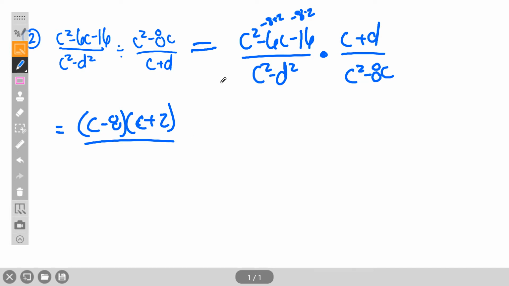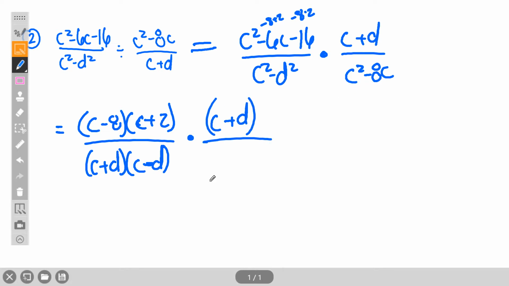C squared minus d squared, that's a difference of 2 squares, so it's c plus d, c minus d, times c plus d over, here we can factor out a c, and we have c minus 8. Okay, so I'm gonna put this all together. So this is c plus d, c minus d, c, and c minus 8.